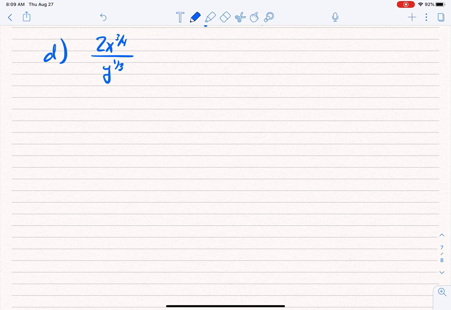I know, getting crazy, but we're not even close yet. We're going to take the whole thing and raise it to the 3rd power. What? And then we're going to multiply it by something else. Let's say y to the 4th over x to the negative, yes, negative 1/2.